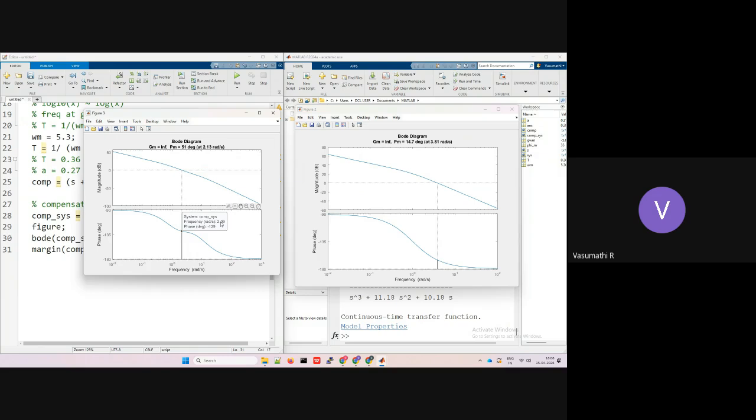Similarly, we do a lag compensator. Okay, let me take a minute here.